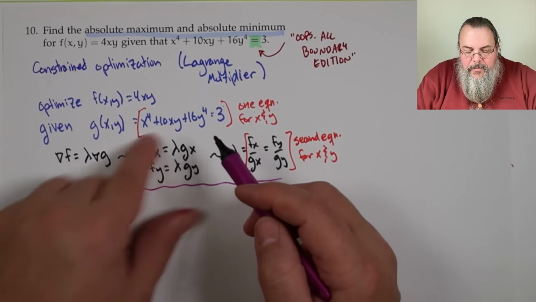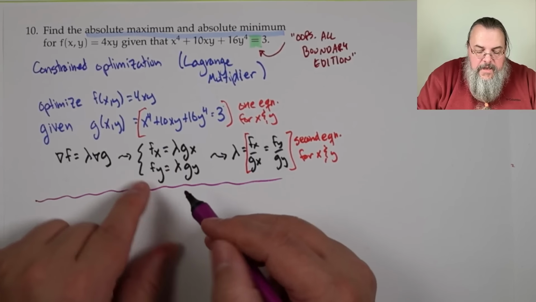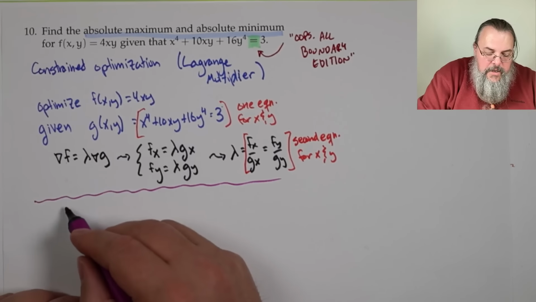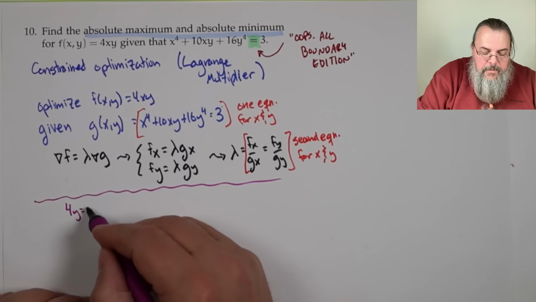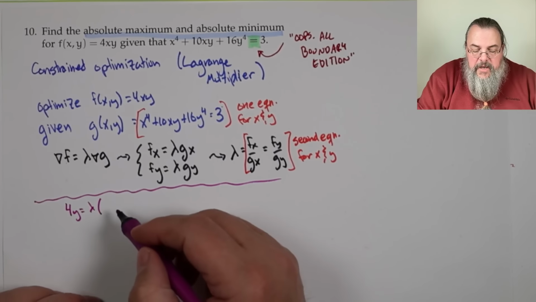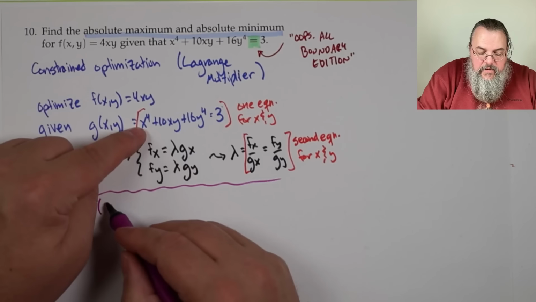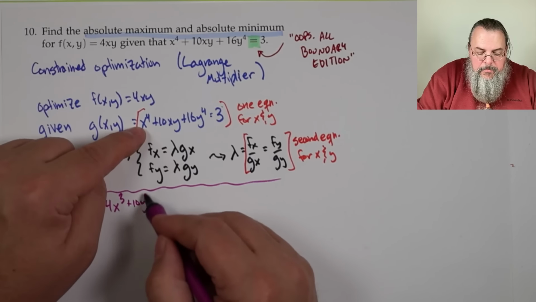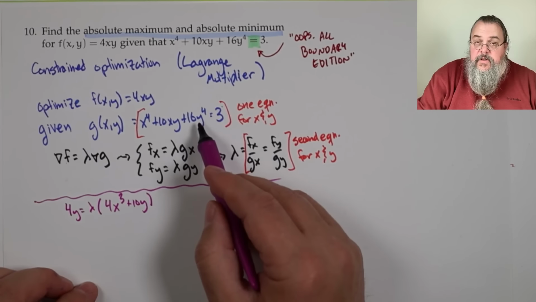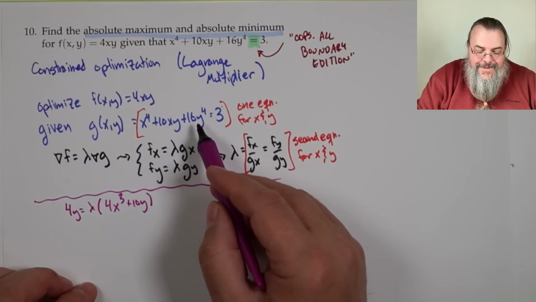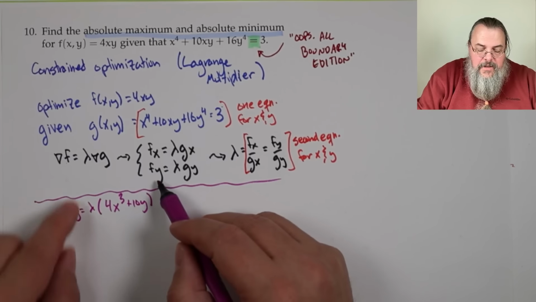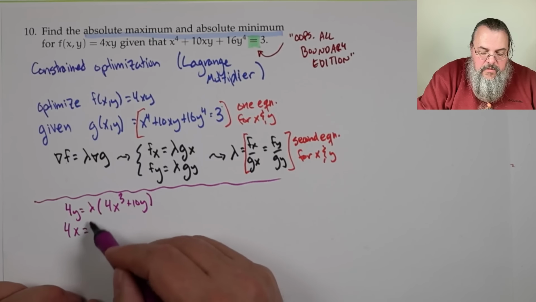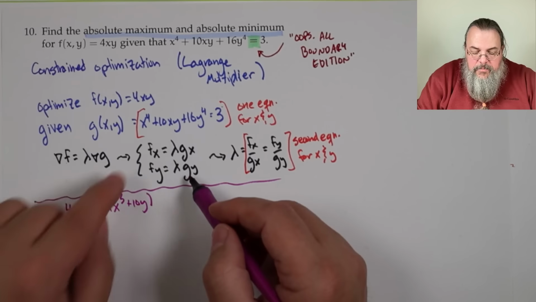So I start with this equation. What is f sub x? The derivative of f with respect to x is 4y equals lambda g sub x. That would be 4x cubed plus 10y. And the derivative of 16y to the fourth with respect to x is 0. Second equation, f sub y, 4x equals lambda g sub y.